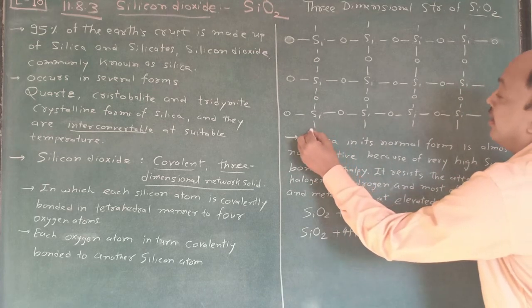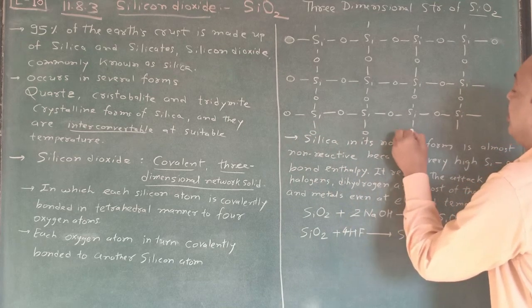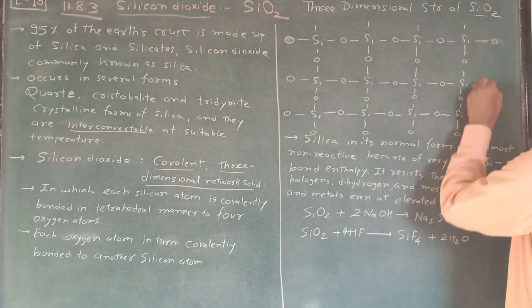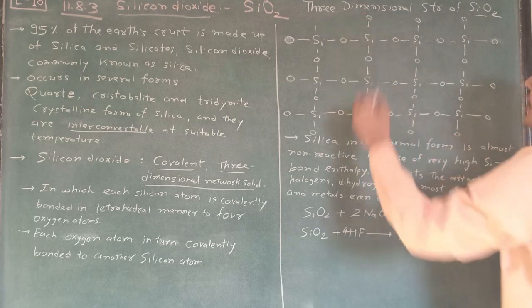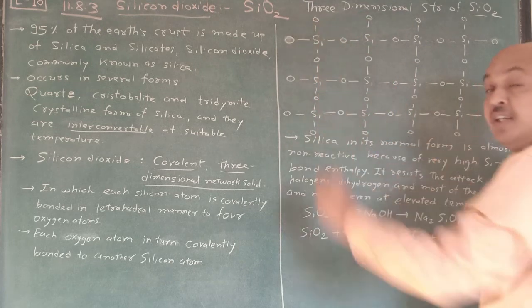Remember this, because this may be asked in your competitive exam. It is very important. Suppose you provide oxygen here, this chain continues, and that's why this is a three-dimensional figure.